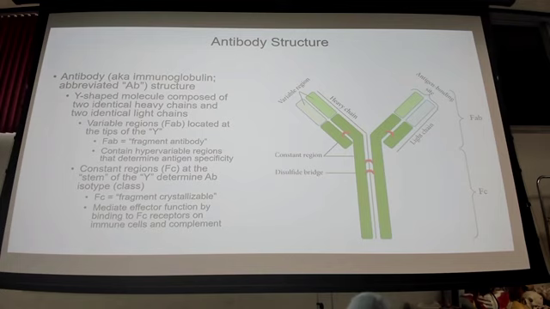Let's say I'm not super happy with that pistol, but I know I want to keep hitting my target, and I only want to aim at my one target out of the million. So the Fc region is more like which type of weapon I'm using to destroy that target. So I'm going to chuck my pistol. I'm going to pick up a grenade launcher, a shotgun, a rifle. I don't know, something bigger.